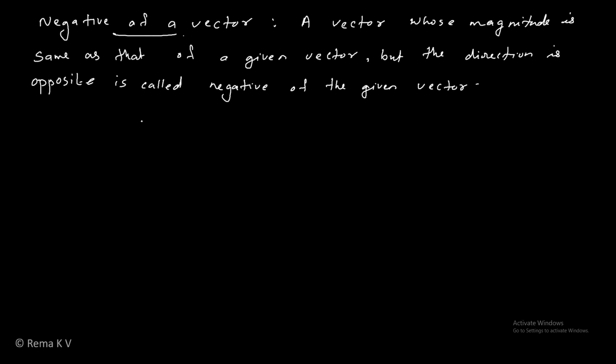For example, negative of vector AB is BA. Magnitude is same, length of the line segment AB in both these cases, but here the direction is from A to B, here the direction is from B to A. So this is negative of a vector.